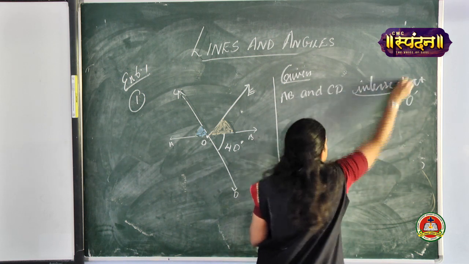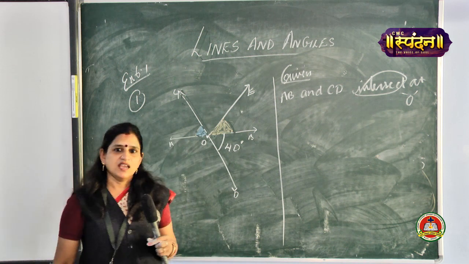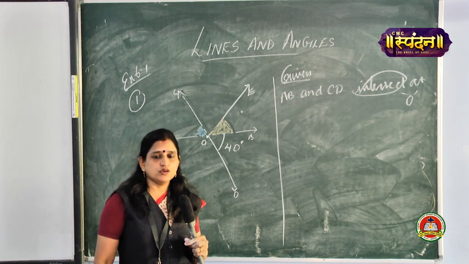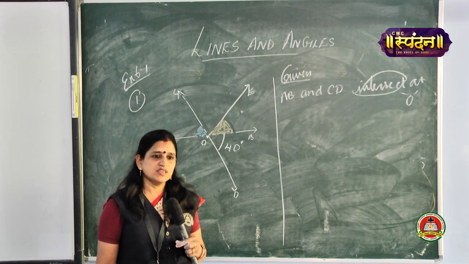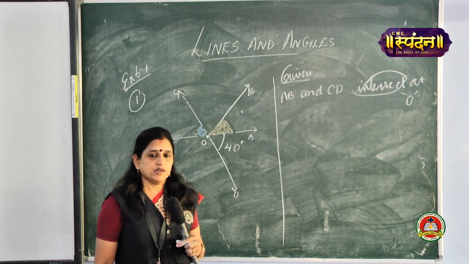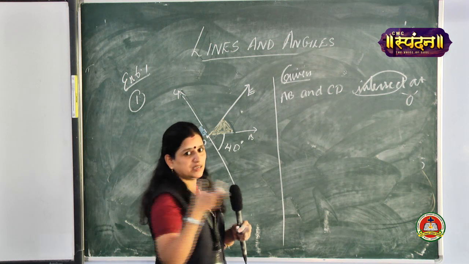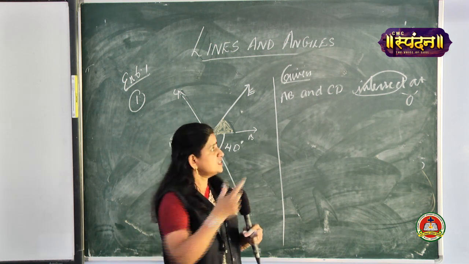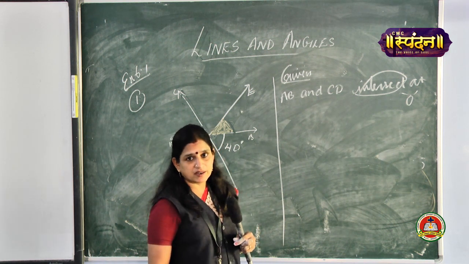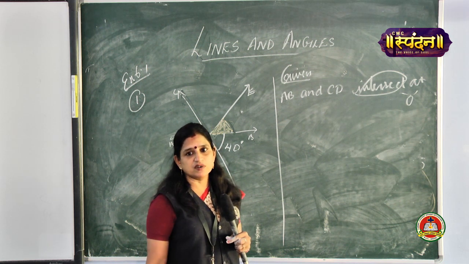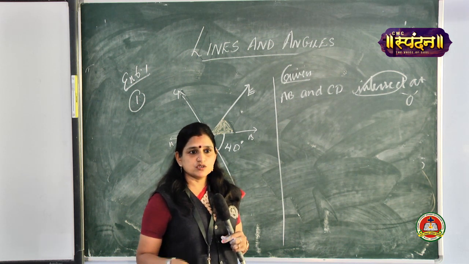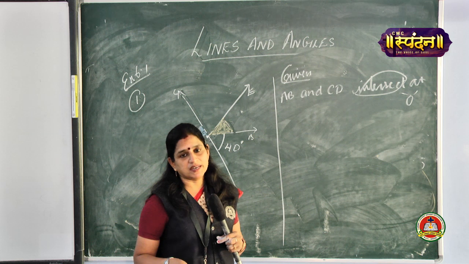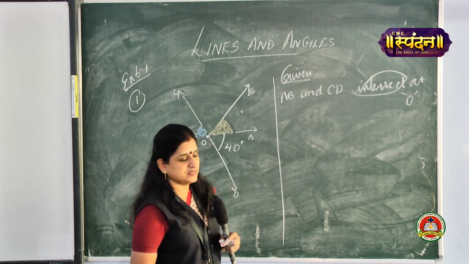When you hear the word intersect, immediately you should know that you should use the property of vertically opposite angles. Got it? So, you should grasp that keyword. What is the keyword over here? Intersect. Whenever there is a word intersect, immediately you should apply the property of vertically opposite angles.